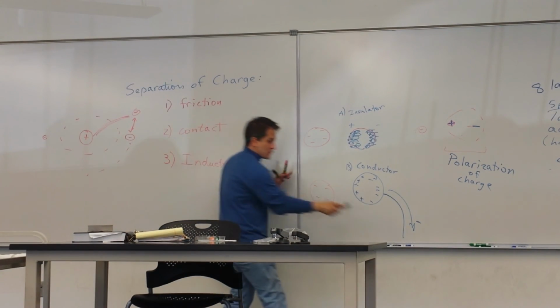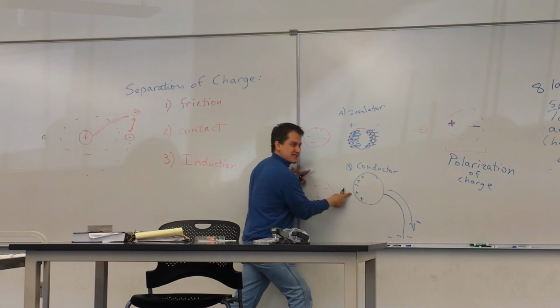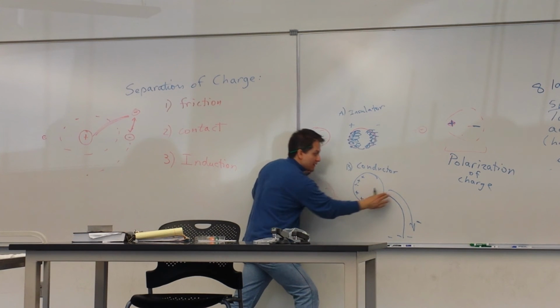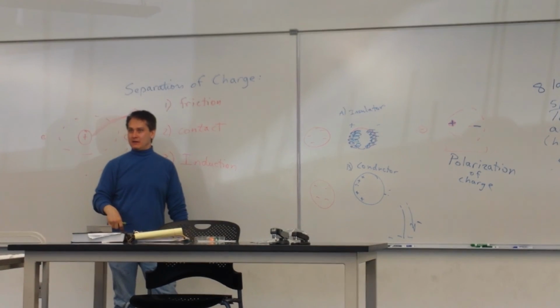And if it flows out, now somewhere down here you've got the excess negative charge. You still have the positive charges here because of the excess of electrons. If I remove the wire, those electrons are gone for good.